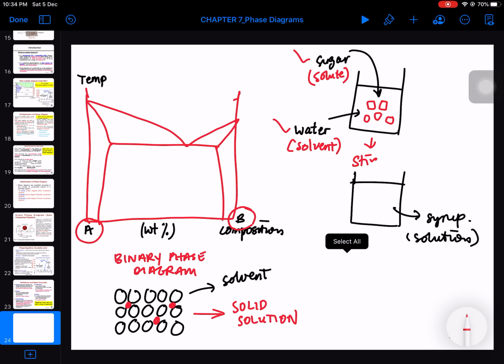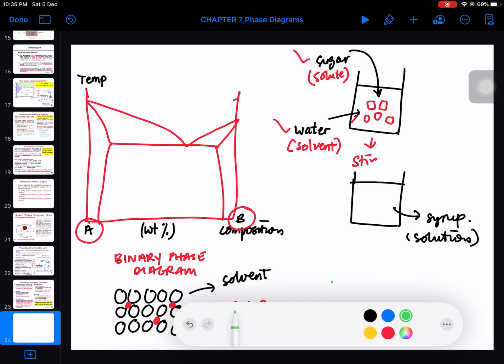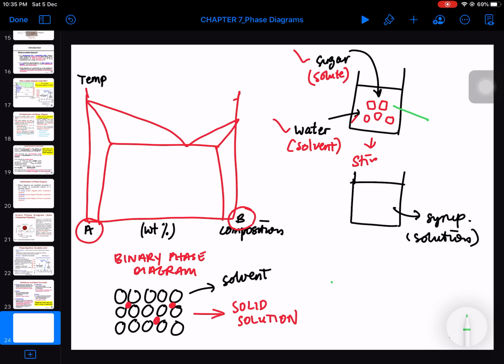So now let's have a look at the basic concepts for phases. When we have water here in the top figure, and then we add sugar, before the sugar actually dissolves into water, it's a two-phase system. Why? Because we have the water in one phase, and we have sugar as the second phase.